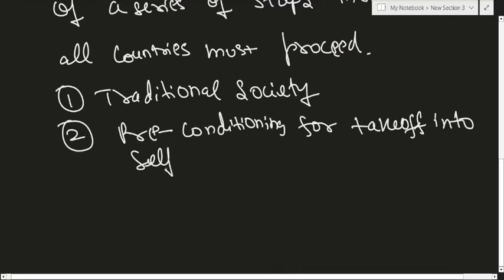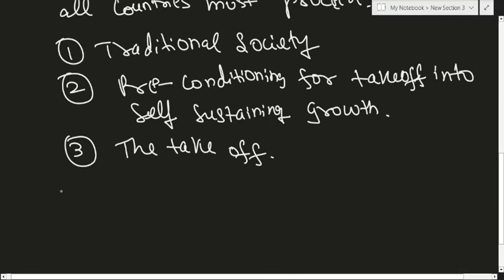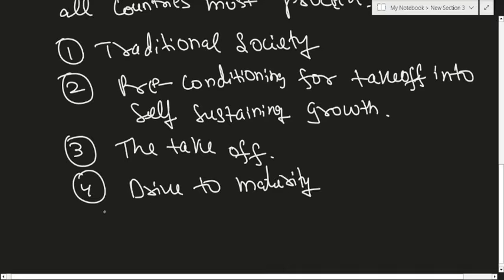The third stage is the takeoff, where the country finally transforms into a developed nation. Then the fourth is the drive to maturity, and the fifth one is the age of high mass consumption.